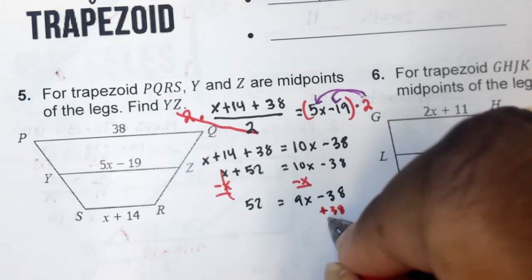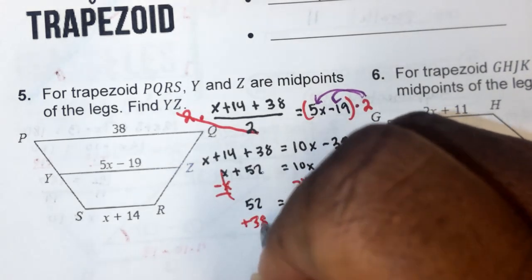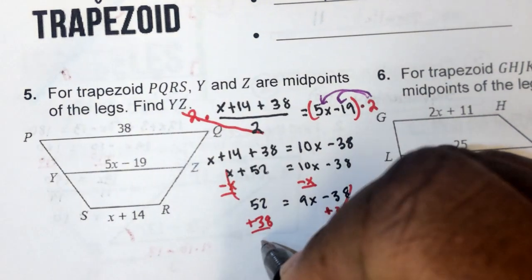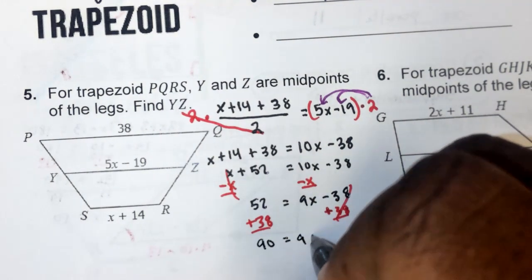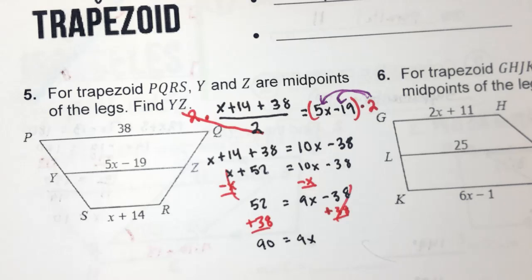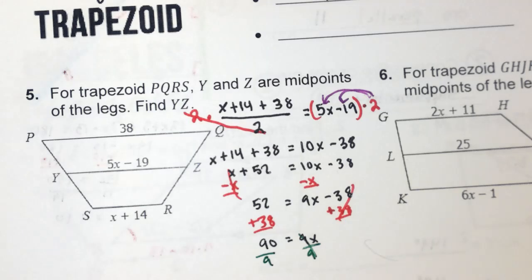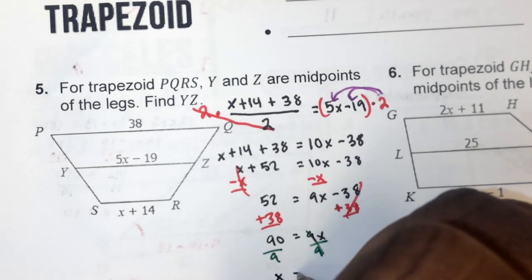Add 38. 52 plus 38 is 90. Equals 9x. Divide by 9. x equals 10.